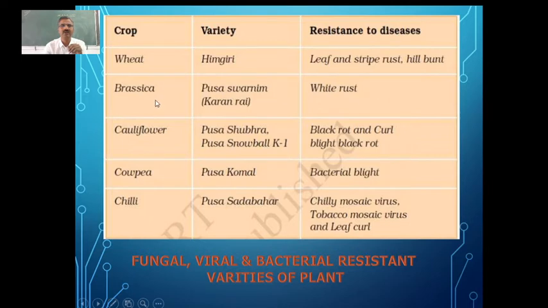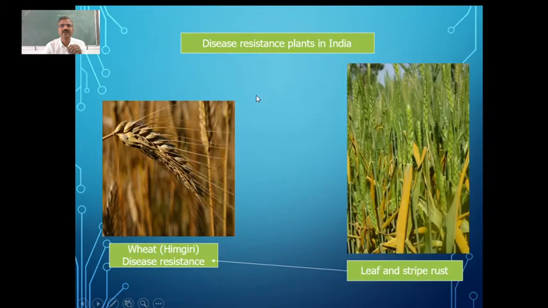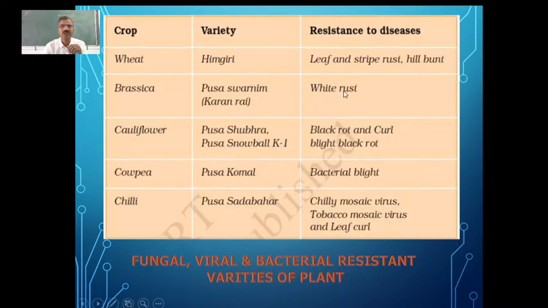Brassica, which is nothing but mustard, we have. Pusa Swarnim is the variety which has been developed against white rust. You can have a look at this table. Then cauliflower, cowpea and also chilli. For those we have different varieties which have been developed by our scientists.